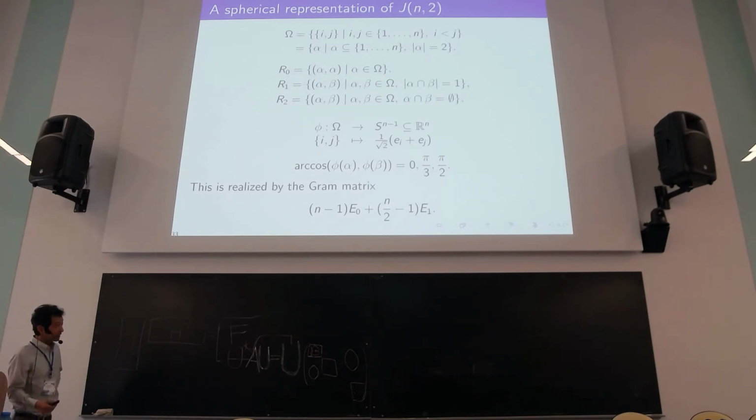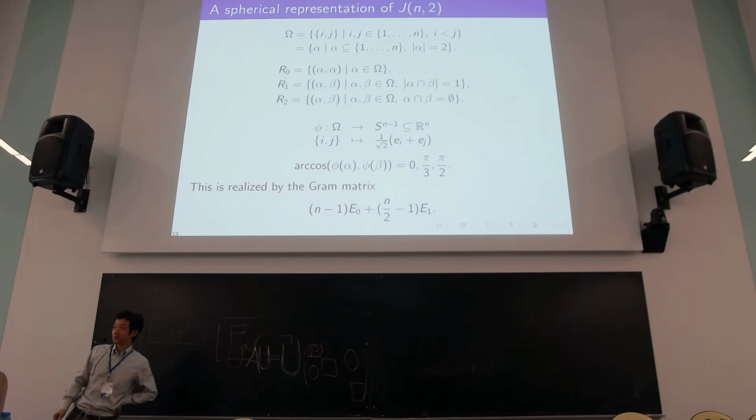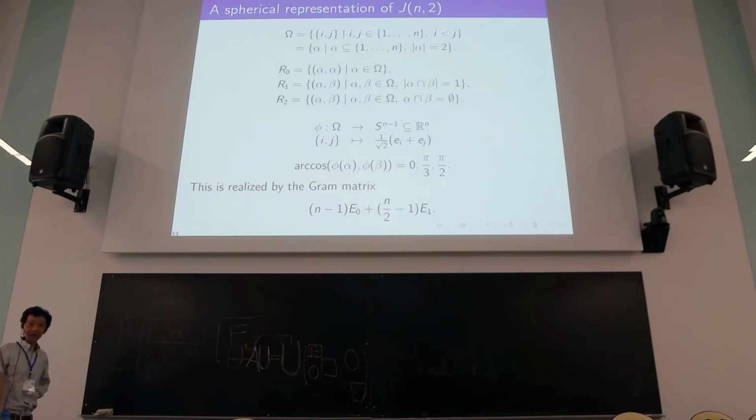Now, the theory I developed in the previous slide says that this has to be realized by a linear combination of adjacency matrices, or a linear combination of the primitive idempotents, because this Gram matrix belongs to the adjacency algebra. Indeed, if you calculate the entries of the primitive idempotents, then this Gram matrix is exactly this one.